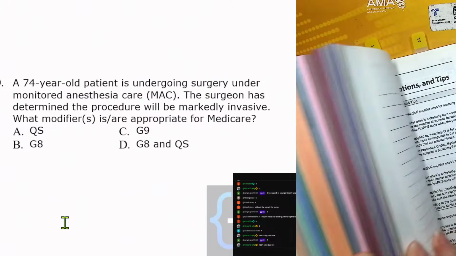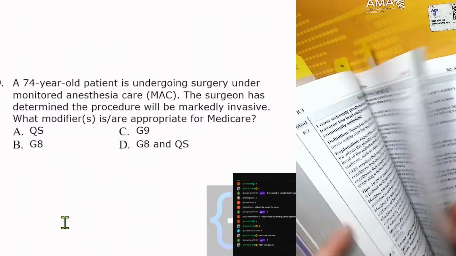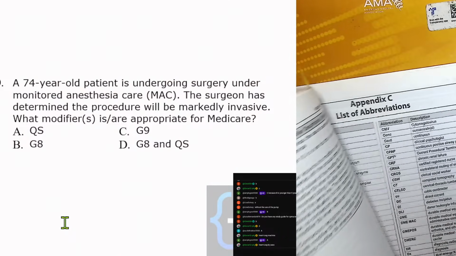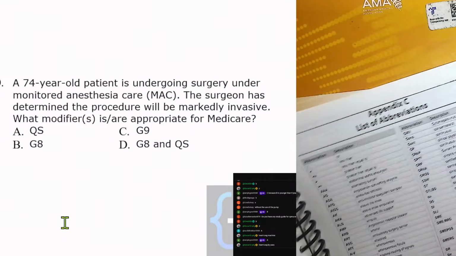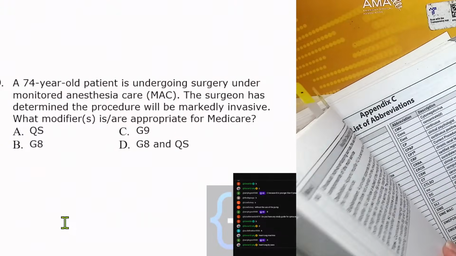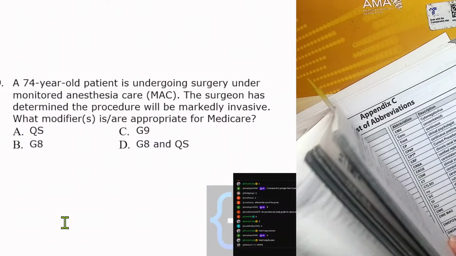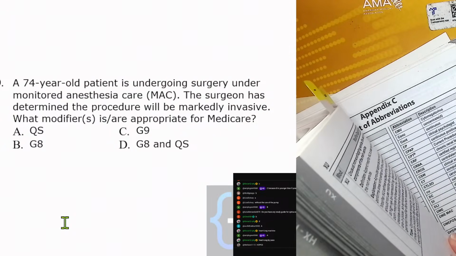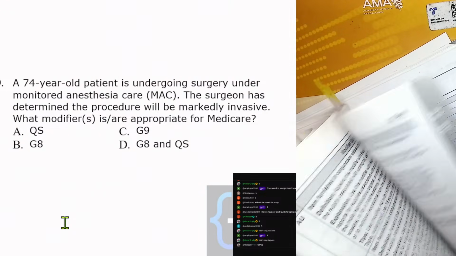You have an Appendix C in your HCPCS book. Sorry, not C. That's where your abbreviations are at. Appendix B holds all of your modifiers.